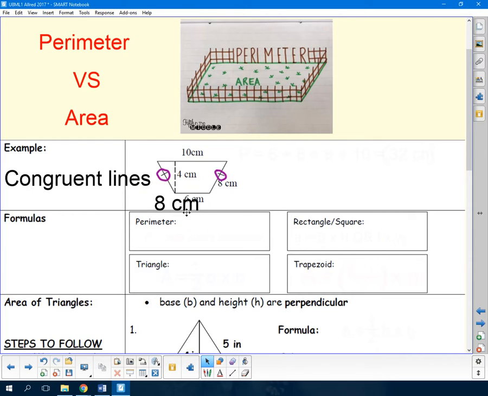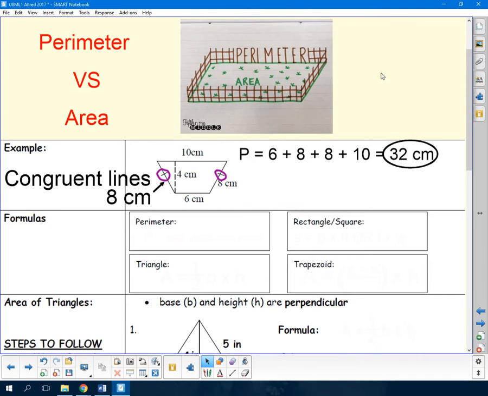That's an important thing to know when we're looking at these shapes. You will see some of those lines for congruence there. If you want to find the perimeter, you're just going to add up all the sides. You're going to do 6 plus 8 plus 8 plus 10. That's 32 centimeters. That's just an example of how to find the perimeter of a shape.